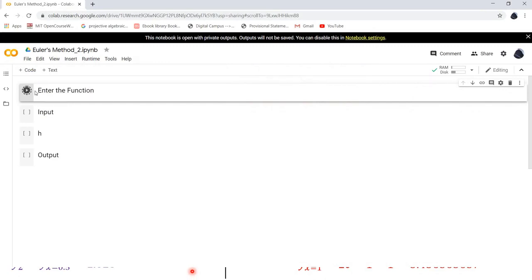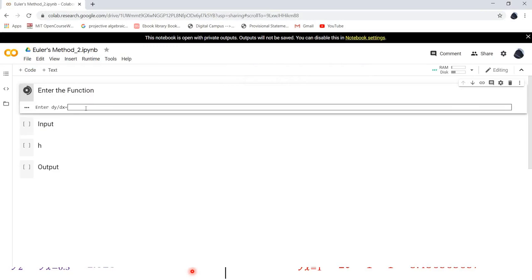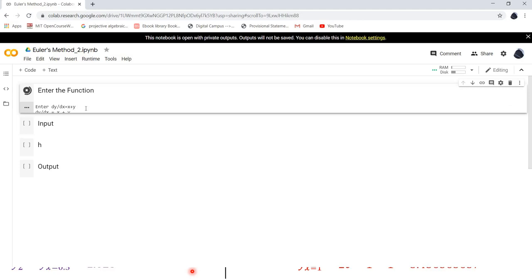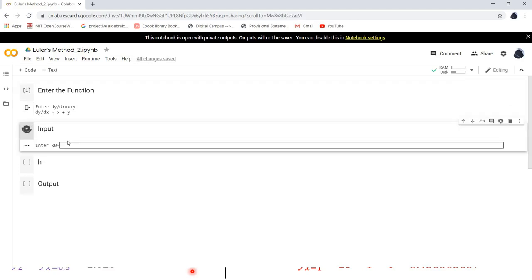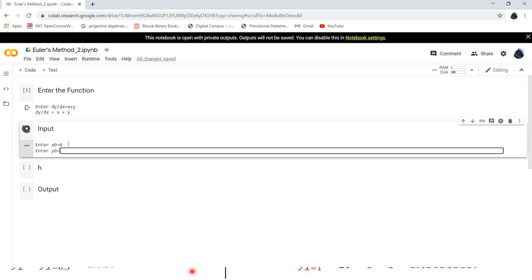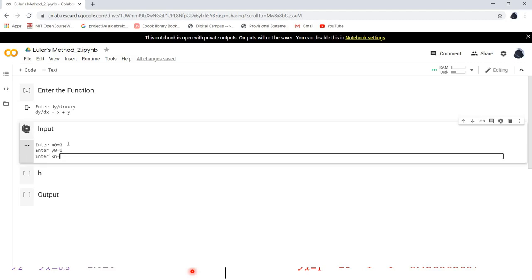First we will write our function, dy by dx is x plus y. Then we will input the initial condition, x naught is equal to 0, and at x naught equal to 0, y naught is 1. All right, and we have to find for 1. Okay, so xn is equal to 1.